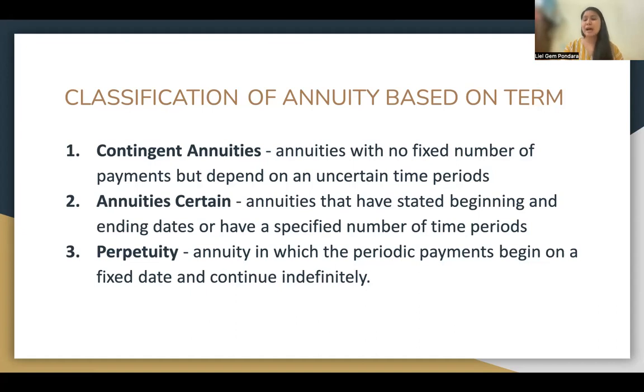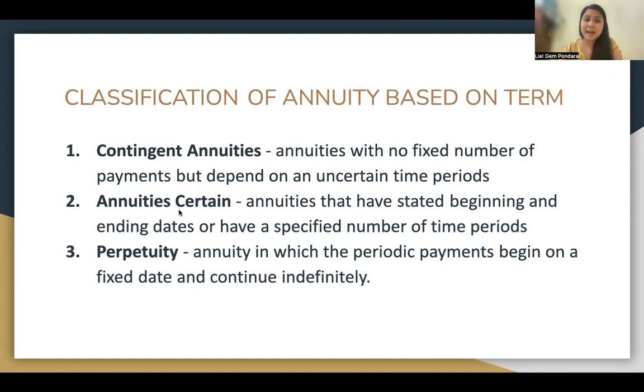Or another, PhilHealth contributions. We keep on paying PhilHealth contributions until the time that you want to avail of the PhilHealth benefits. The same with the SSS and the GSIS. It ends upon your retirement. So these are contingent annuities.